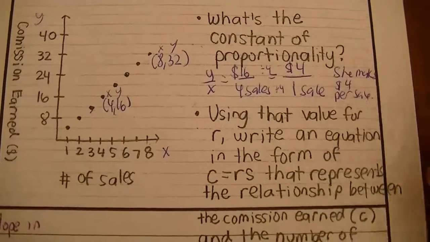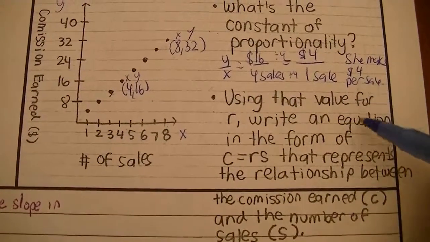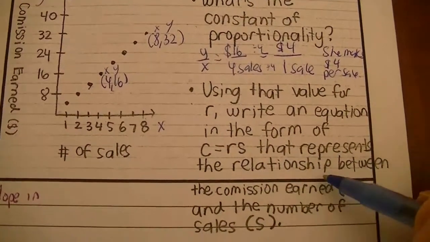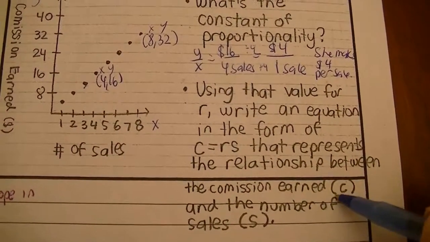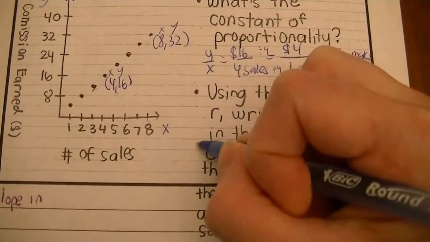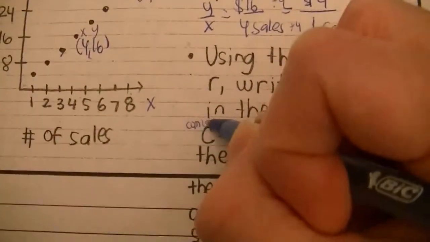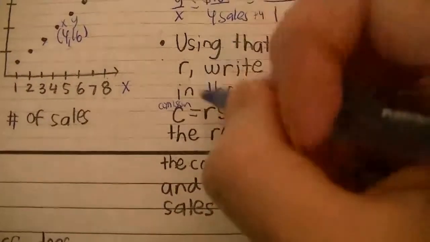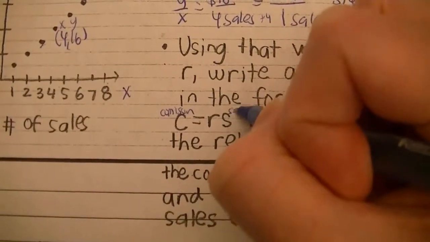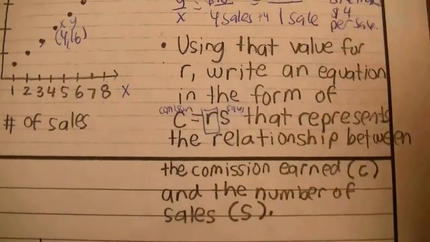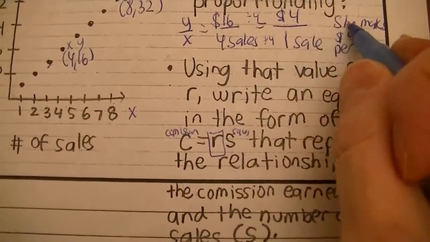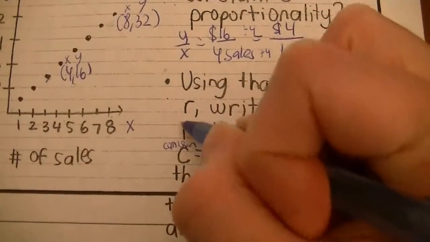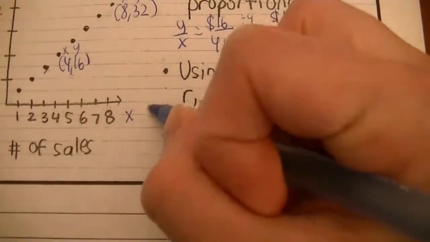Okay, so using that value for R, write an equation in the form C equals RS that represents the relationship between the commission earned, C, so that's commission, and the number of sales, S. So this one right here is sales. And this R right there is the unit rate. Using that value for R, so using this value for R, that's the unit rate.